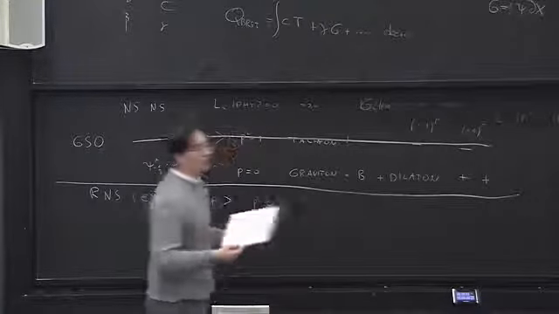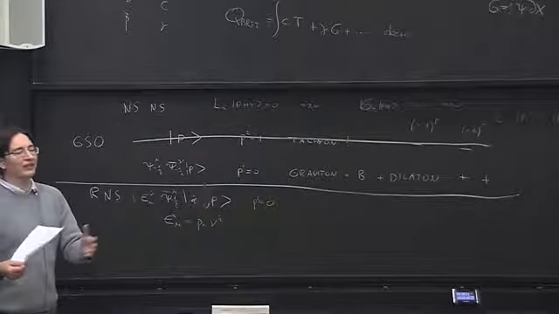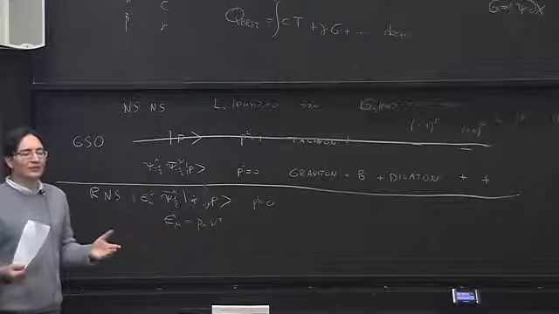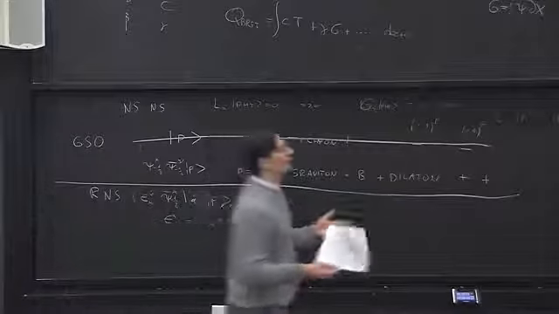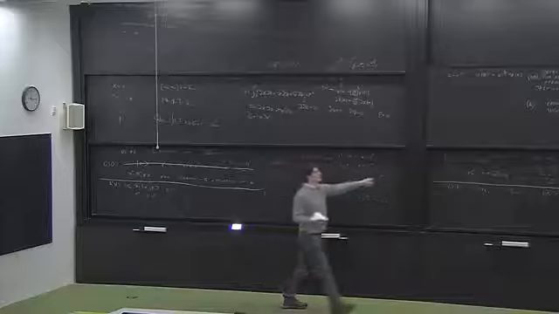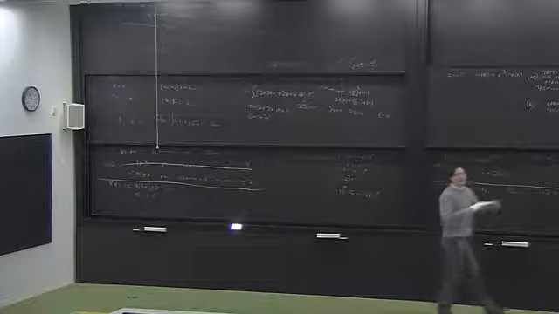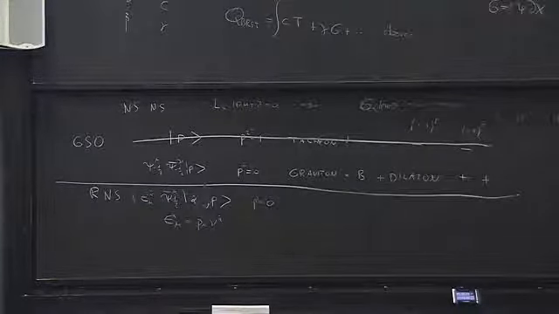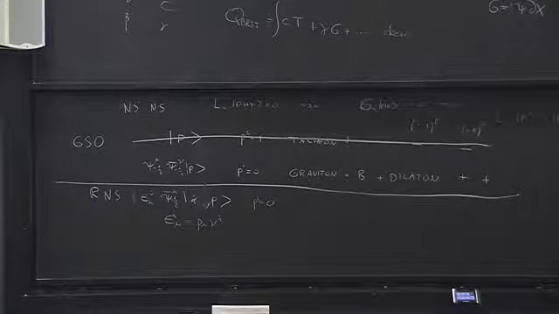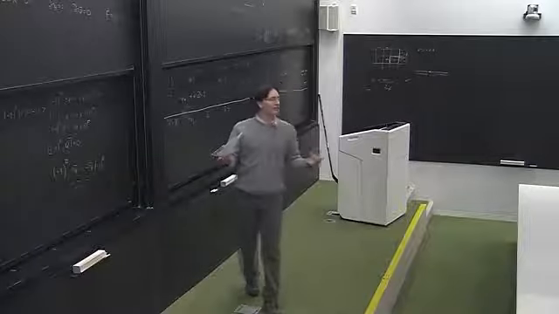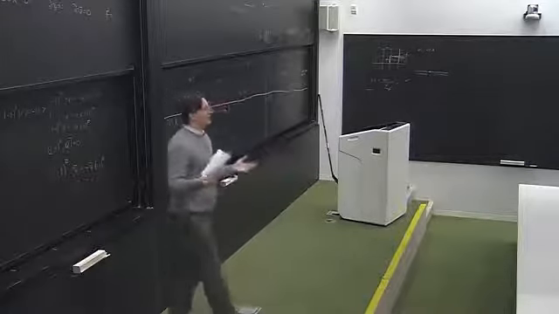Now, the precise type of supersymmetry depends on which gravitinos your theory has. So, for example, depending on your choice of type 2A or type 2B, your gravitinos will be of the same chirality or of opposite chirality. In type 2A, you have gravitinos of opposite chirality. In type 2B, you have gravitinos of the same chirality.